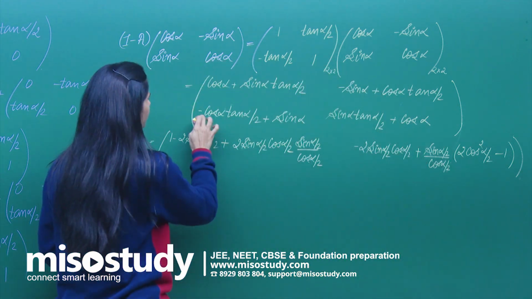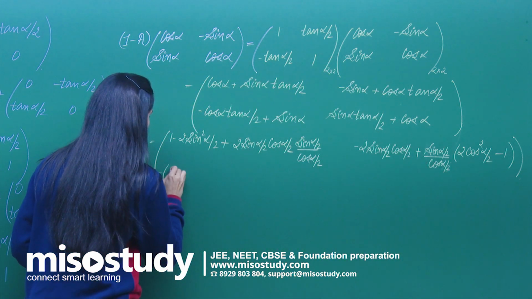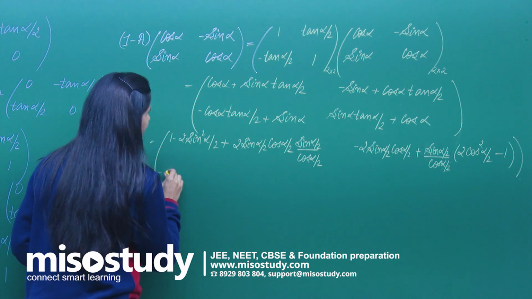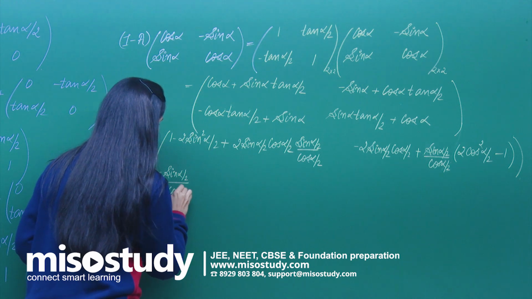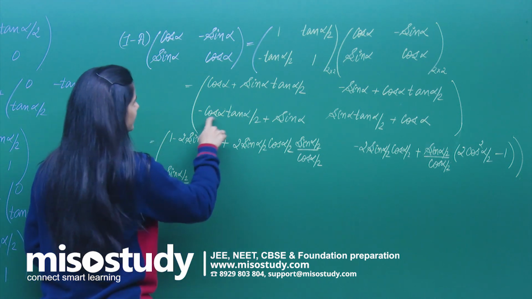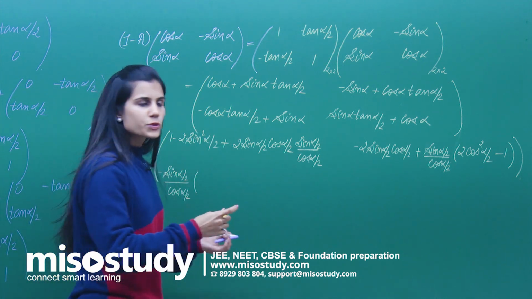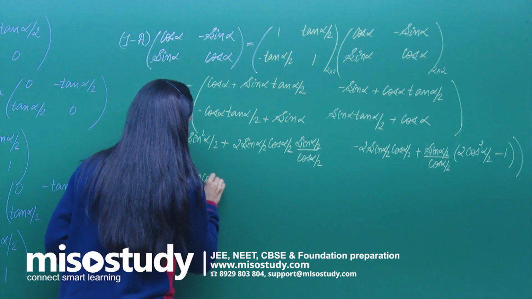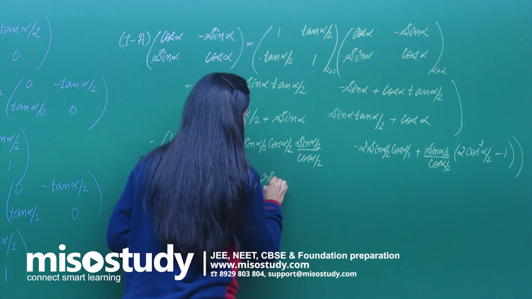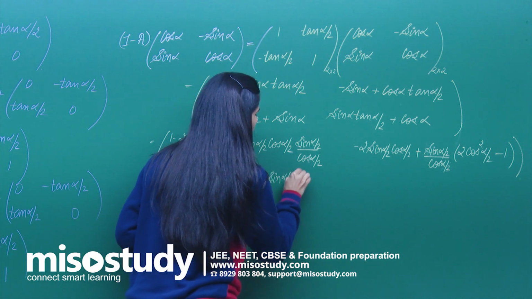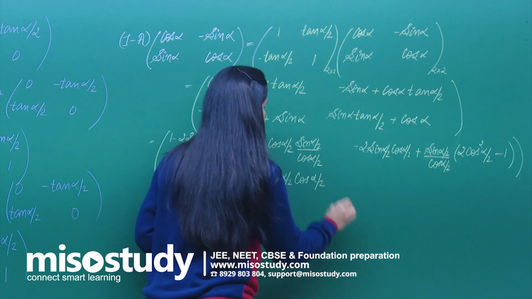Let's come to the 2/1th entry, minus cos alpha. This is minus of, let me write tan alpha by 2, which is sine alpha by 2 upon cos alpha by 2. Inside there is cos alpha, which can be written as 2 cos square alpha by 2 minus 1, plus sine alpha, which is 2 sine alpha by 2 cos alpha by 2.